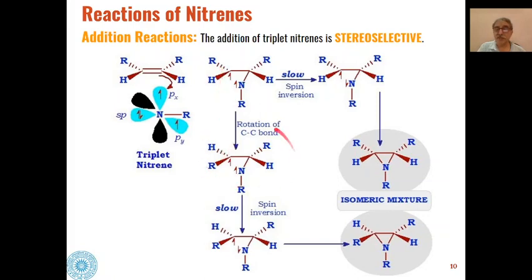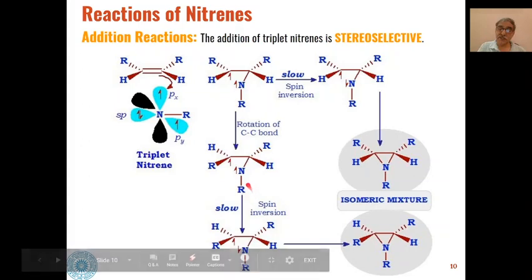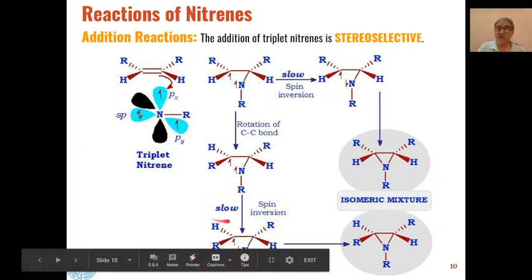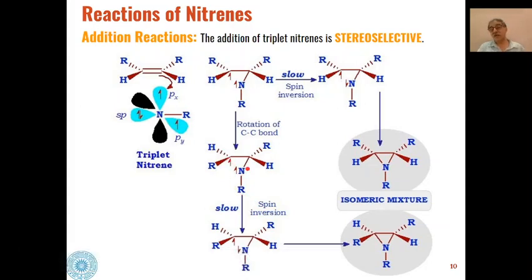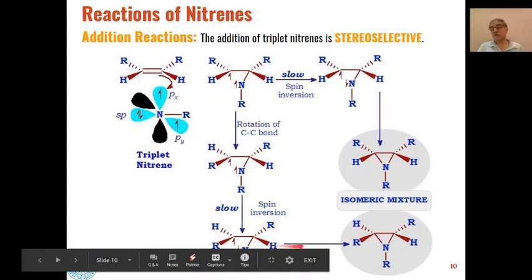So through carbon-carbon bond rotation, this type of transition state will be formed, and then this again will undergo a slow spin inversion, because these two still have parallel spin, so they cannot combine to form a carbon-nitrogen double bond. This will undergo spin inversion, and now it can cyclize to give us another isomer of aziridine.